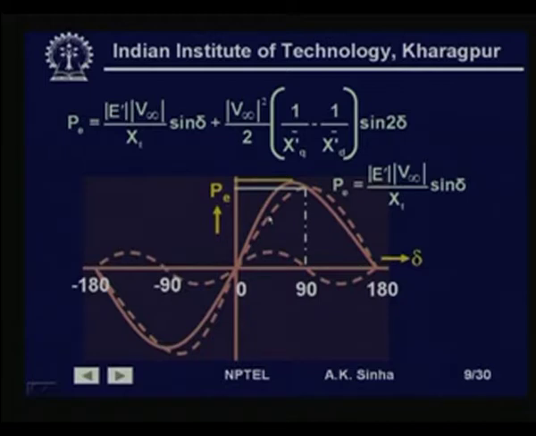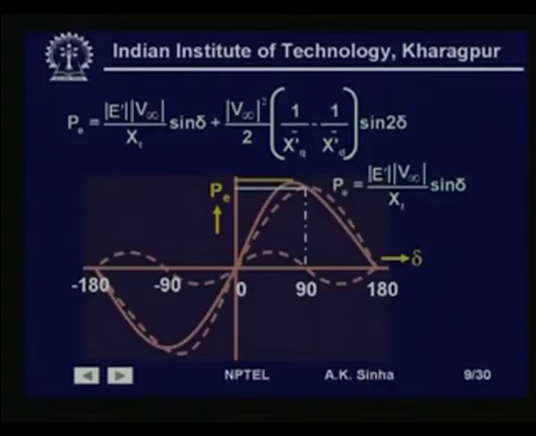Since we are increasing the mechanical input and electrical power output is also increasing because of the increase in delta angle, these are all the time getting matched and the machine is running in synchronous condition, that is, the machine speed remains synchronous. We keep on doing this till we reach this point.